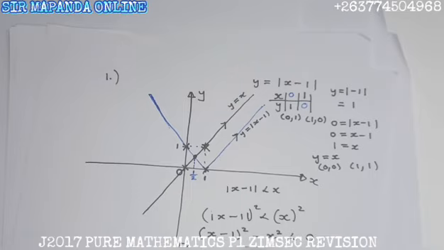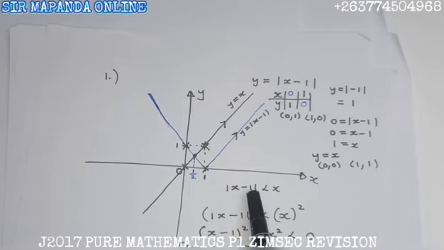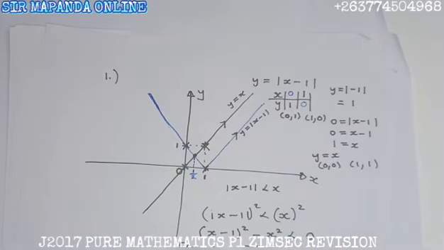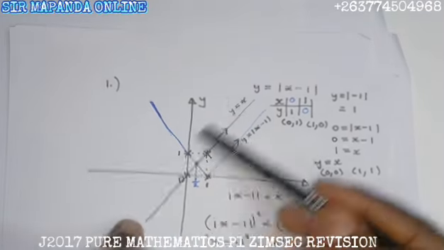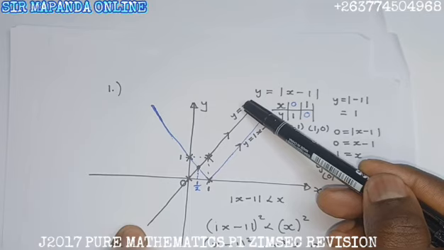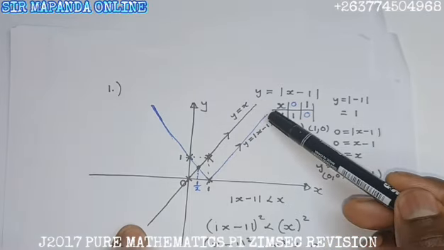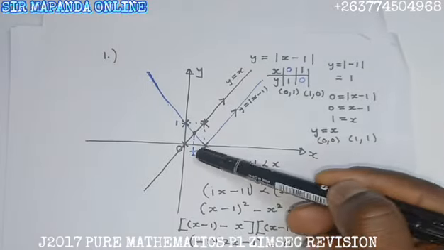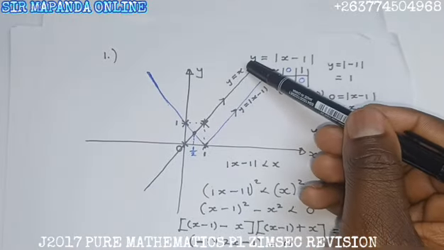When they say modulus of x minus 1 is less than x, they want you to give the range of values of x at which the blue line is below the black line. The black line is your x. The blue line is your modulus.